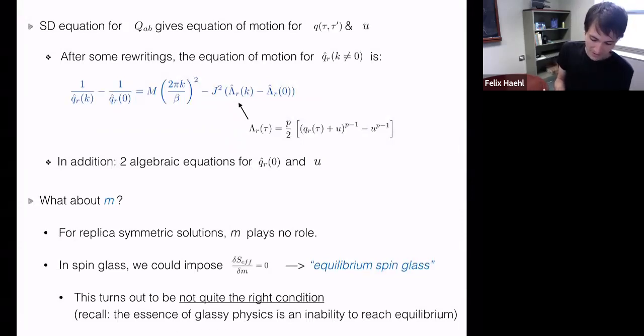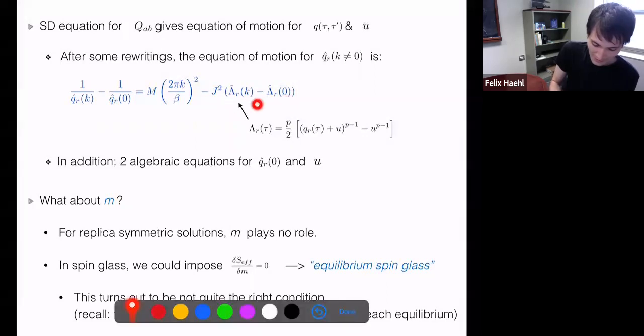So this is a nice way to write it, where you see that there's some automatic renormalization going on, in the sense that these 0 modes are subtracted from the frequency-dependent terms. You also see that this equation is empty for k equals 0. So there's an additional equation for the 0 mode of q hat, the Fourier transform.